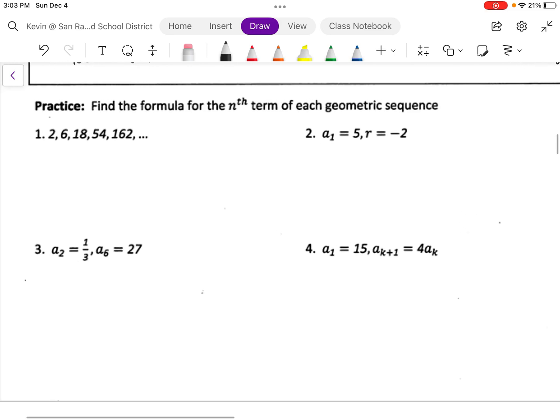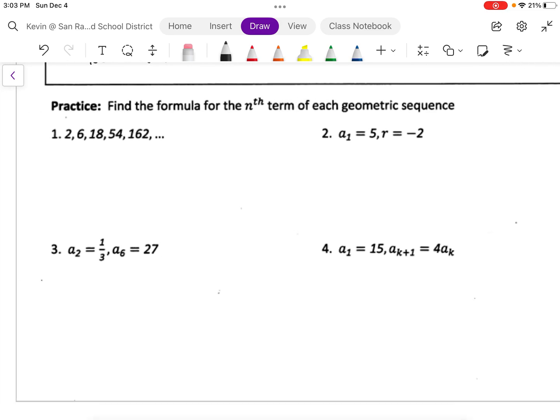All right, let's see. Find the formula for the nth term. 6 divided by 2 is 3. 18 divided by 6 is 3. So we're going to say r equals 3. So a sub n equals 2, our first term, times r, which is 3, to the n minus 1.